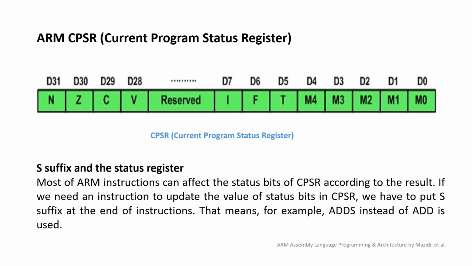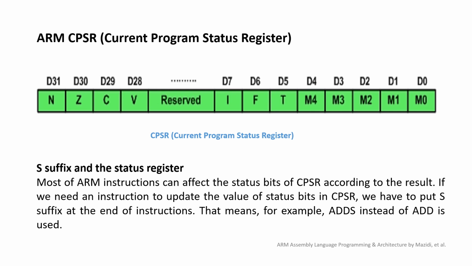Now, ARM CPSR: whenever instructions come in, the S suffix on any instruction will change the condition flags. If you give ADD R1, R2, R3, it will simply add R2 plus R3 and store it in R1, but it will not update the condition flags.